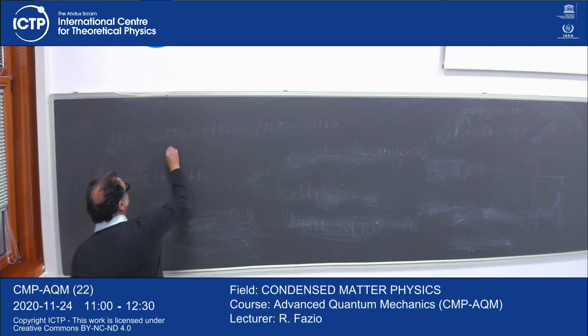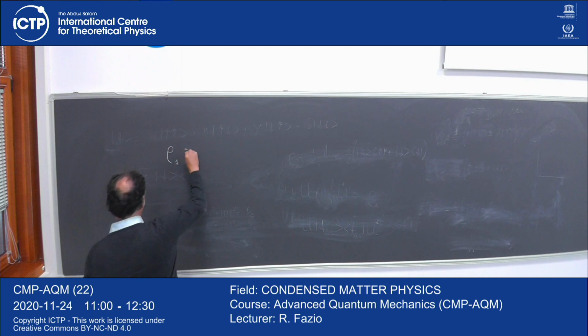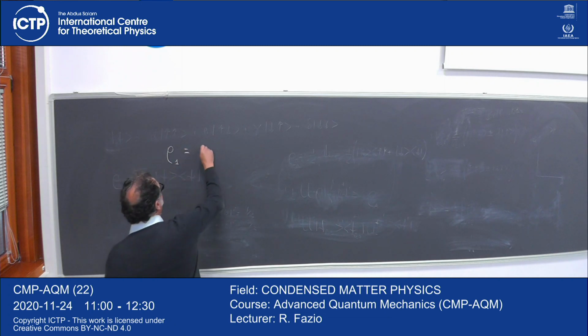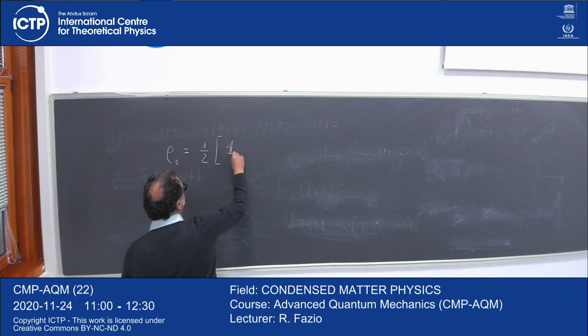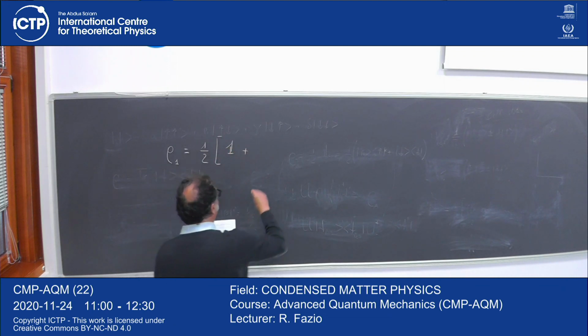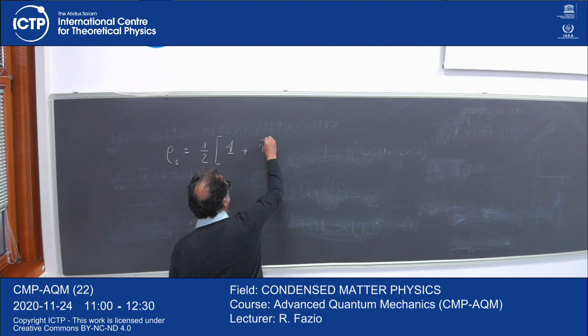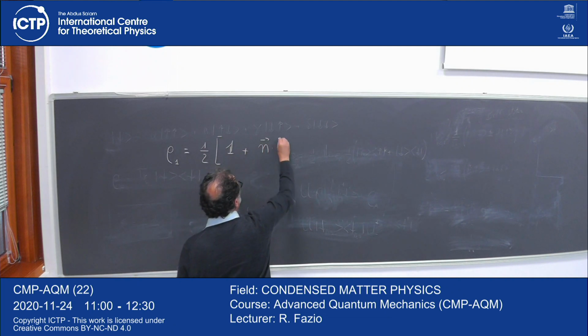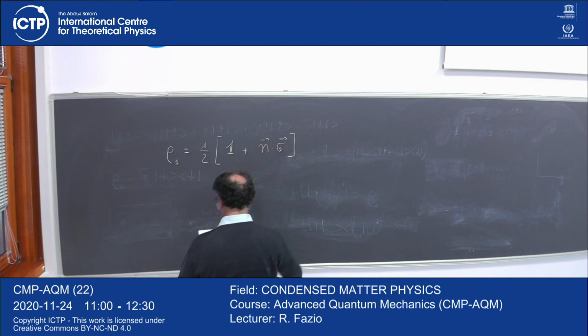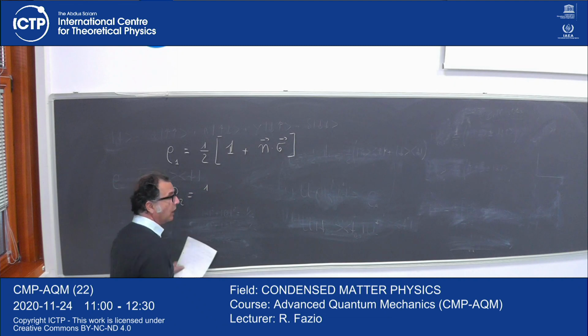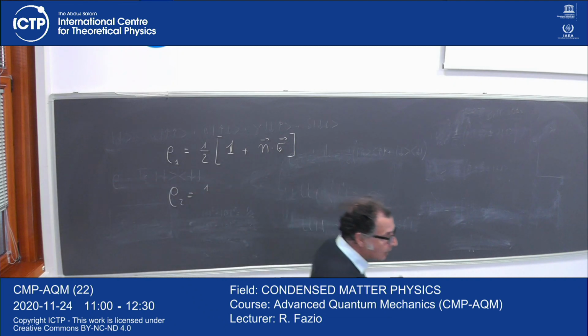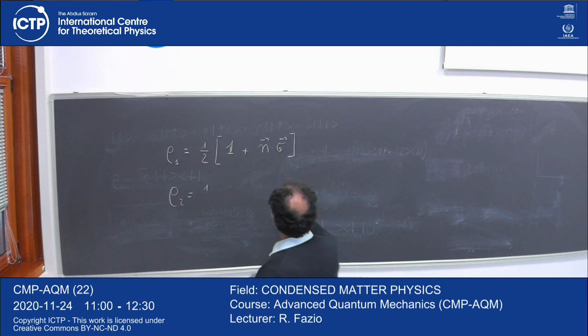So the two density matrices are, let's say, rho 1 equals 1/2 the identity plus n dot sigma, and rho 2 is equal to what?